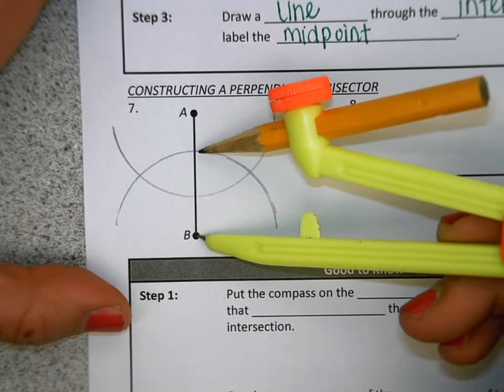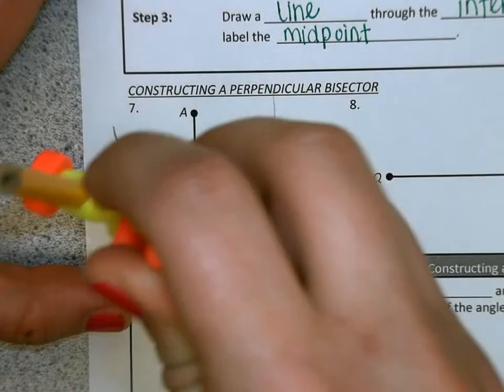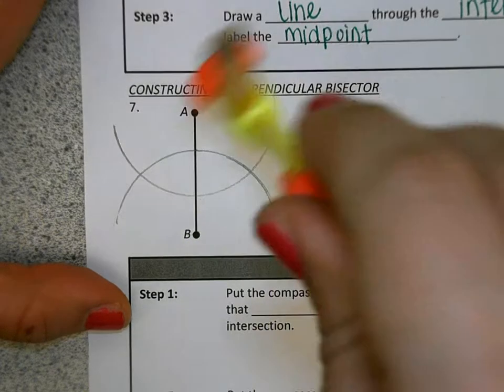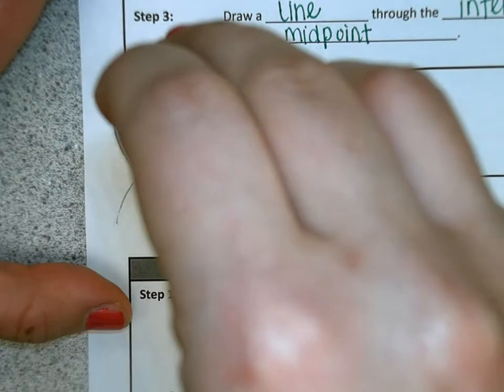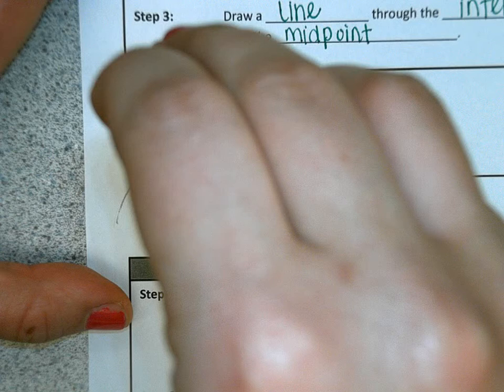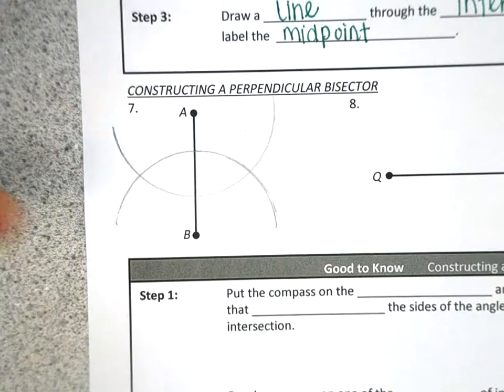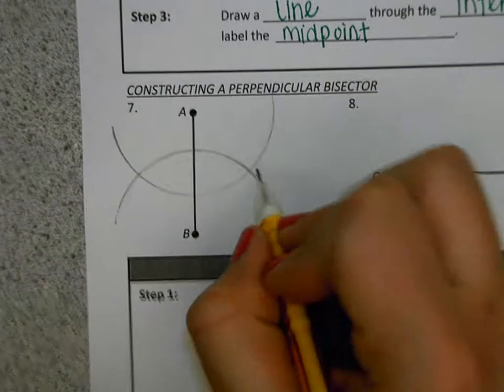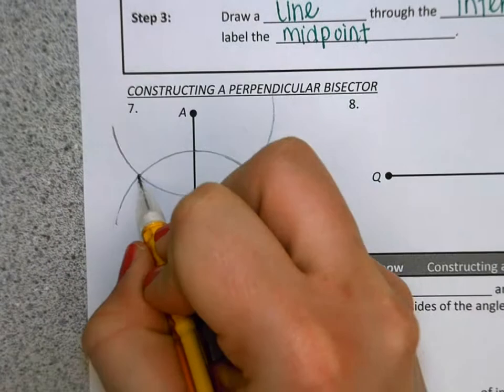Draw an arc. And then just flip it around, don't change the compass setting, and draw a second arc using the other endpoint. It should cross in 2 places, right? So you take your straight edge and draw a line through those 2 crosses.